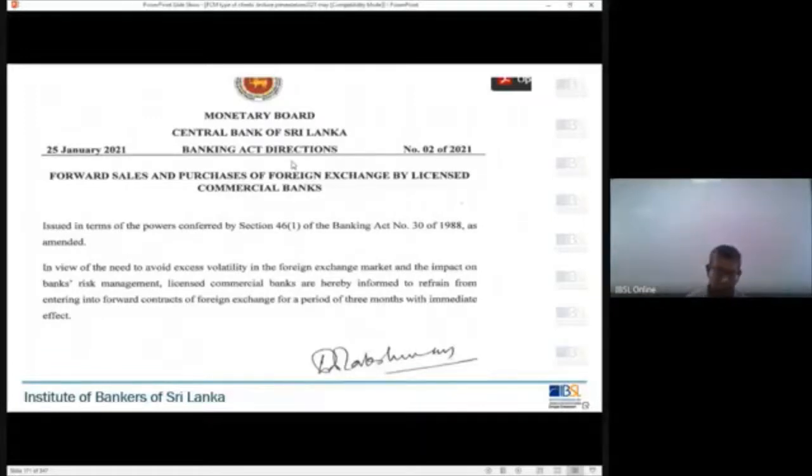Now there are issues, right? So don't worry much about that. But remember, at least for 3 months with immediate effect from January, at least for February, March, April, forward contracts cannot be done by customers with the bank. That was prohibited. You need to know that, right?